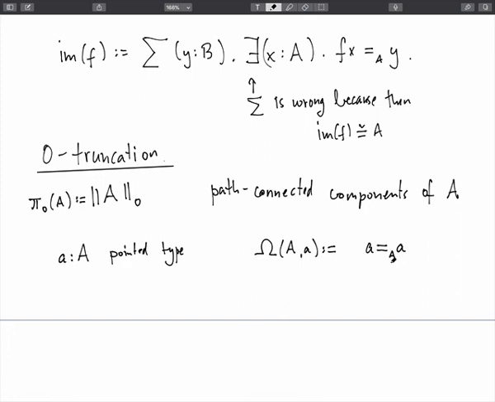How do you get from the loop space to the fundamental group? You kill something. What is it that you kill? You kill the higher homotopies. So the fundamental group is going to be the set truncation of the loop space. It's the connected components of the loop space.